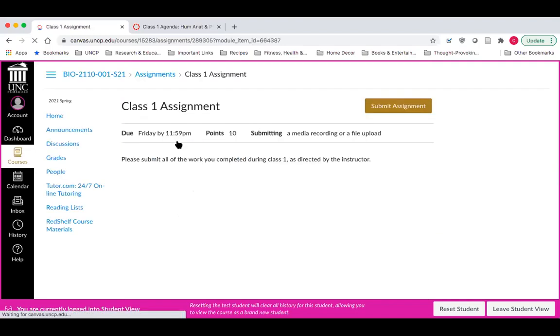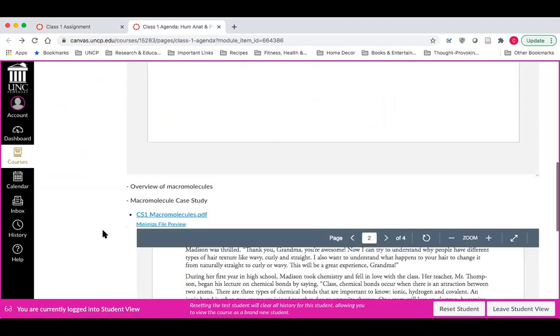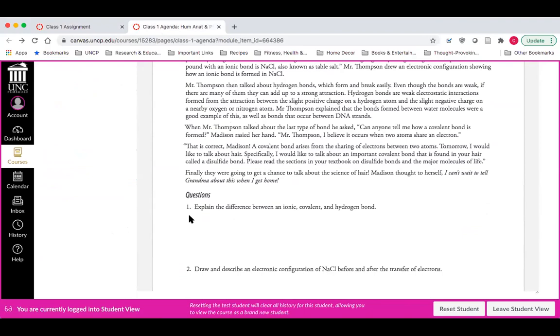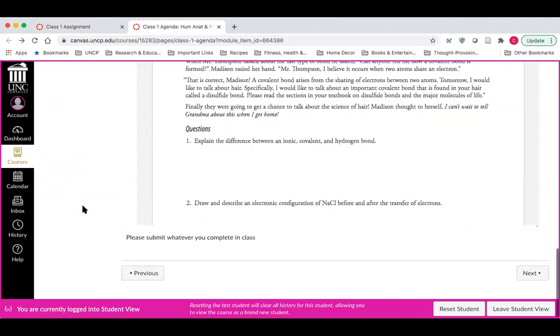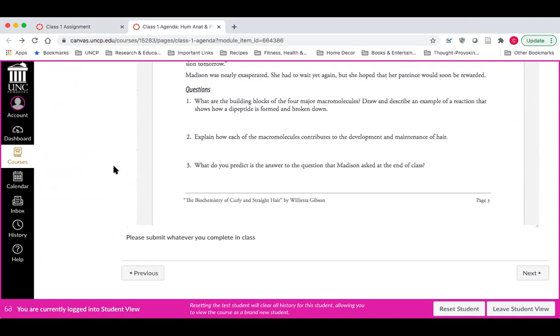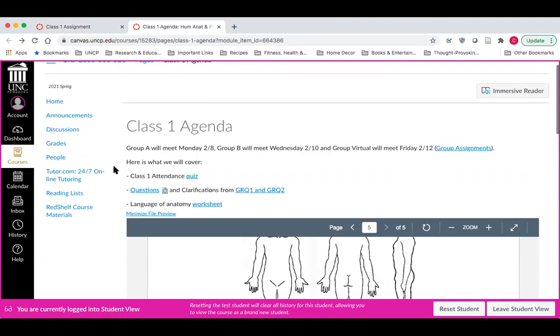So the answers to those 2 sections from the language of anatomy worksheet, and then the 2 questions from the case study, part 2, question 1, and part 3, question 1. So explain the difference between ionic, covalent, and hydrogen bonds, and what are the 4 building blocks of the 4 major macromolecules. Okay, those 2 pieces are going to come together and you're going to submit them here.